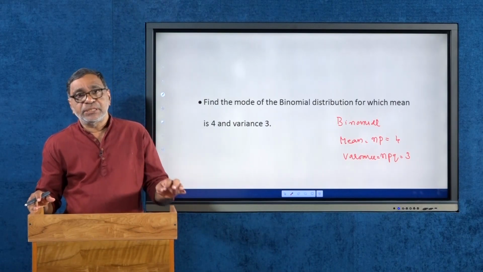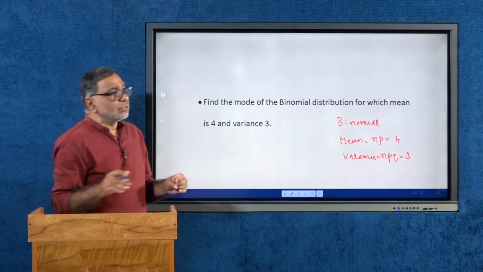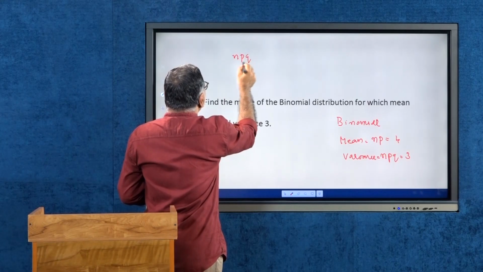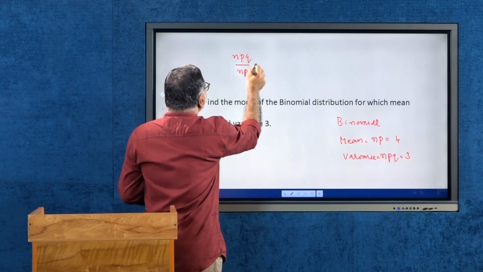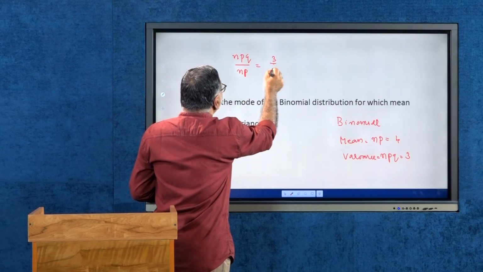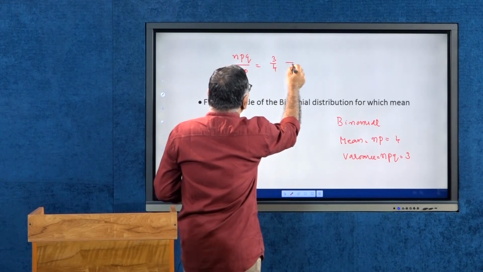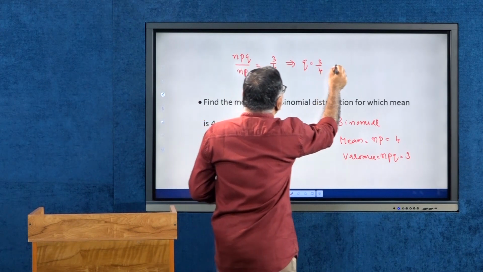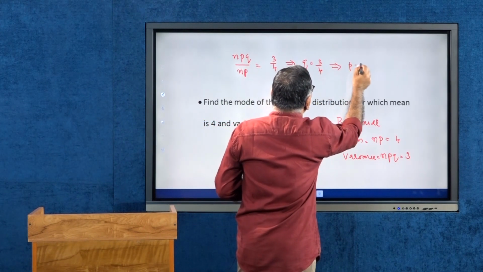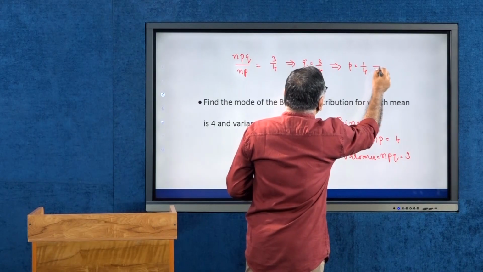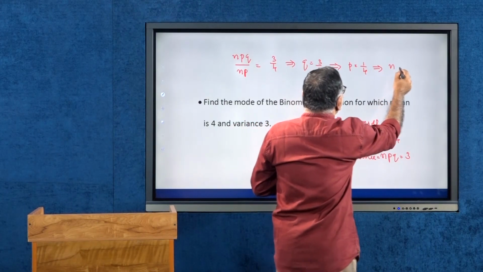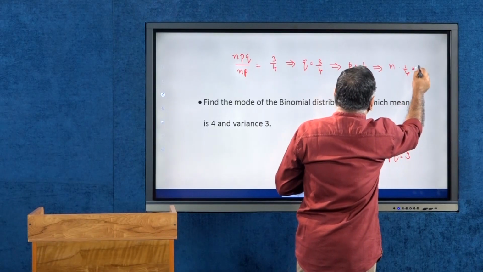That means np is equal to 4 and npq is equal to 3, or npq divided by np is 3 by 4, that implies q is equal to 3 by 4. That implies p is equal to 1 by 4. Hence, what is n? np means n into 1 by 4 is equal to 4.